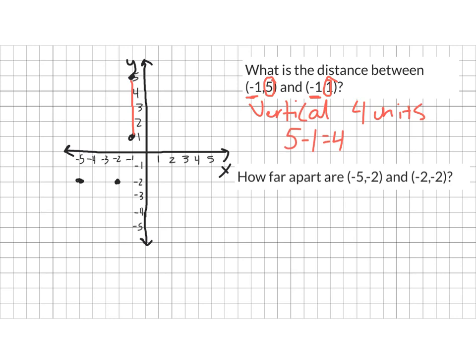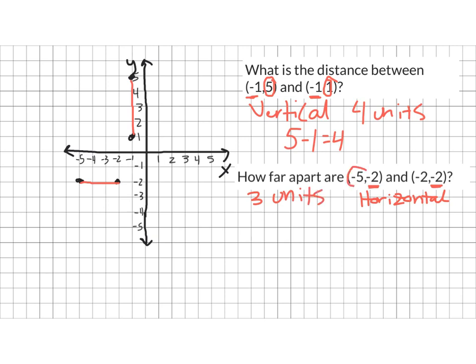We can see by looking at the coordinates that they have the same y coordinate, which means they are horizontal, which was true when we graphed it. And we can count between them a distance of 3 units.